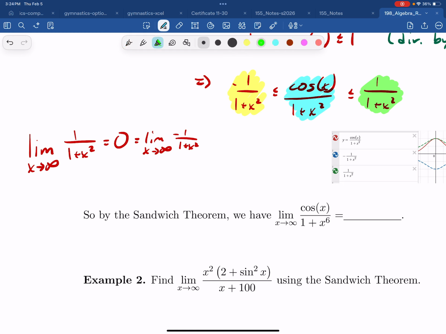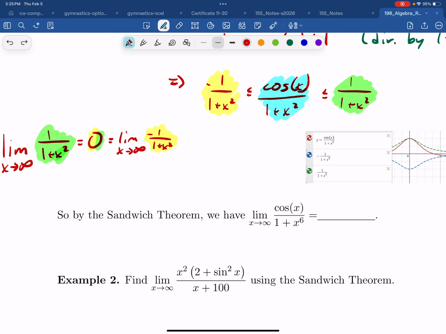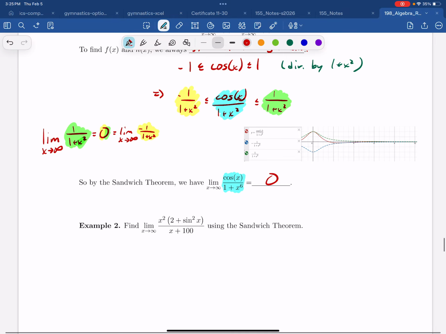This limit is the same as that limit, because it doesn't matter that the expression is negative. It still has a fixed numerator with an ever-increasing denominator. So now we have a lower bounding function and an upper bounding function with equal limits. So it turns out that our function of interest has the same limit of 0.